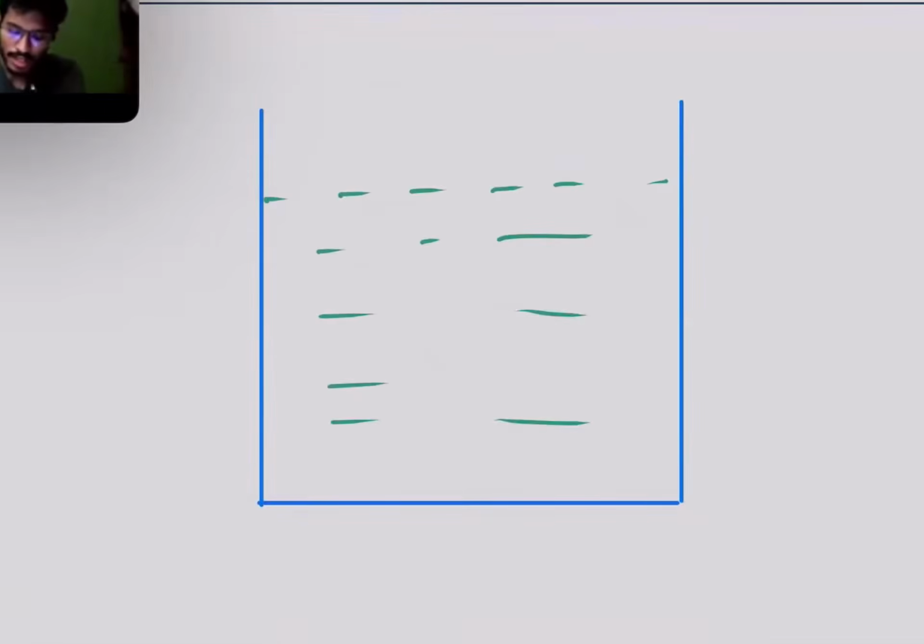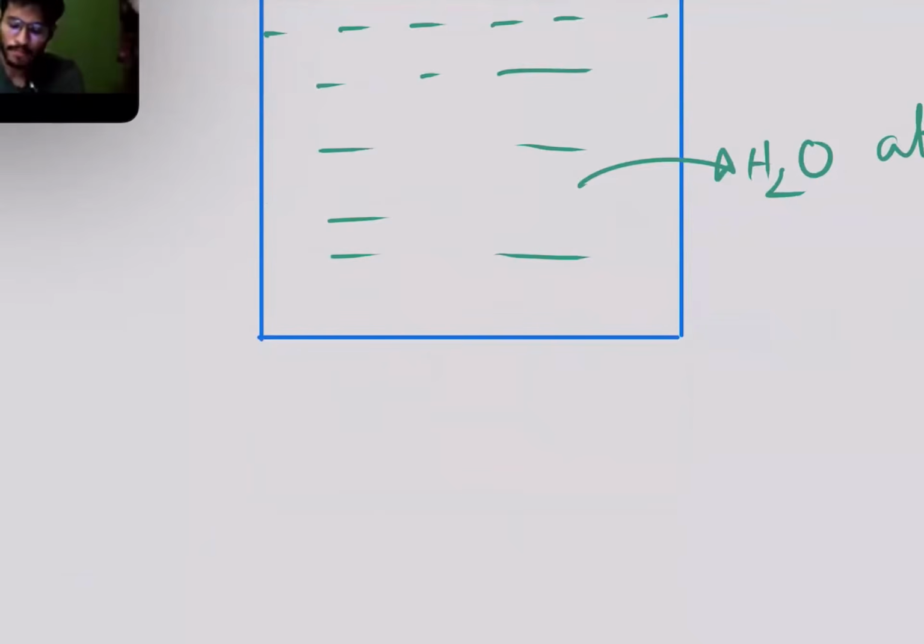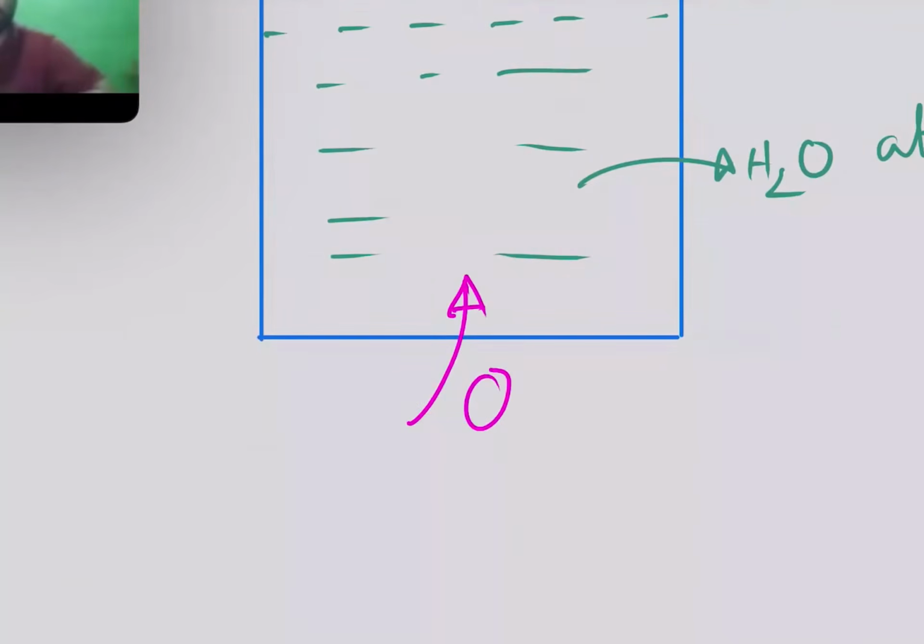Clear? This is H2O at room temperature, maybe 25 degrees Celsius at 1 atm pressure. Clear? So first I am applying heat. So you have to draw the temperature versus time of this water.